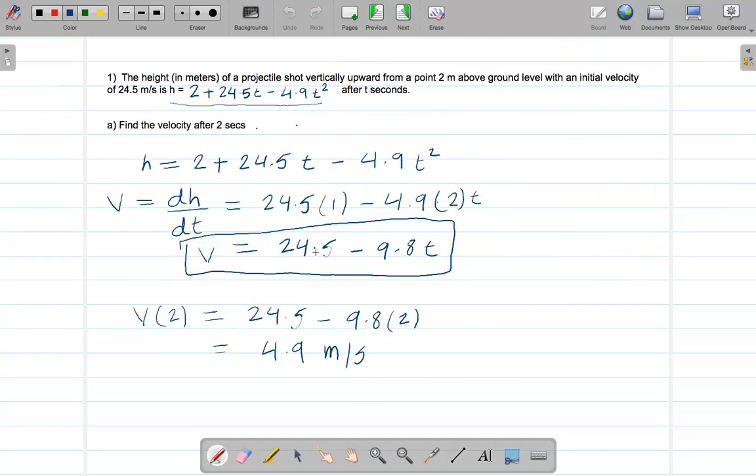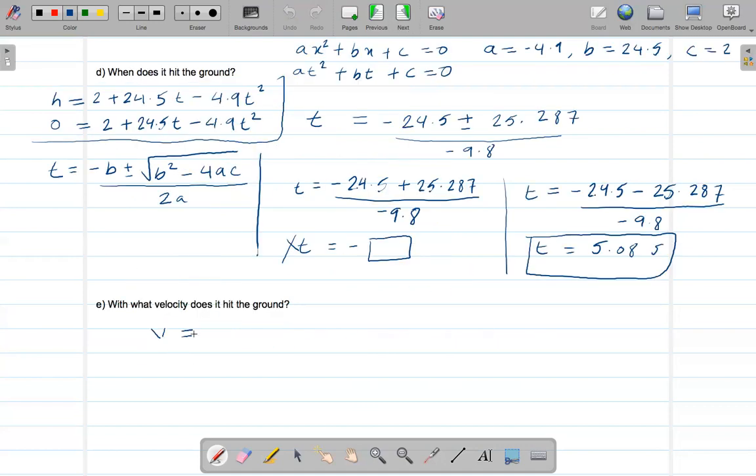Yeah, this one, right? 24.5 minus 9.8 t. So then 24.5 minus 9.8 t. Plug in this t value here, well, this t value here. Then 24.5 minus 9.8 t is 5.08.